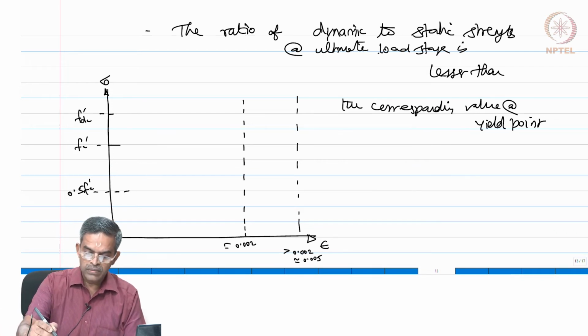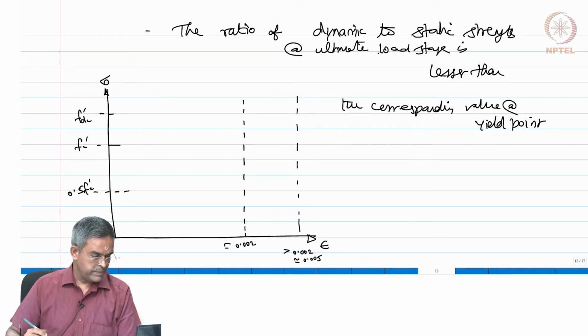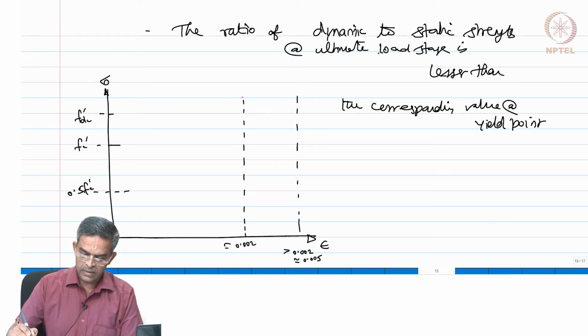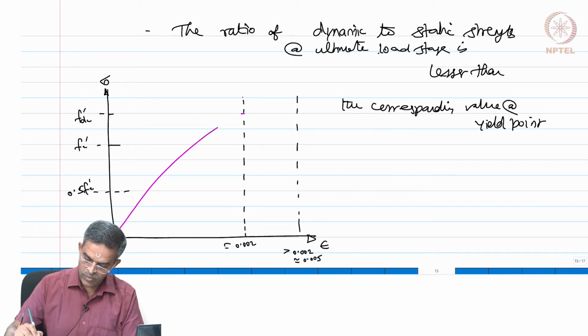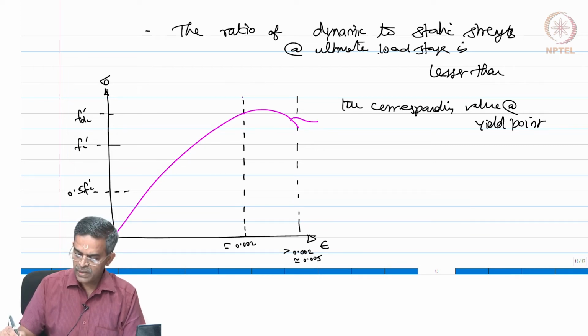Let us draw the curve for rapid strain rate. It looks like this. It takes a slope and goes till here and come back here. Let us say it goes here. Okay. It takes a slope, goes here and come back here. So, this is for rapid strain rate.